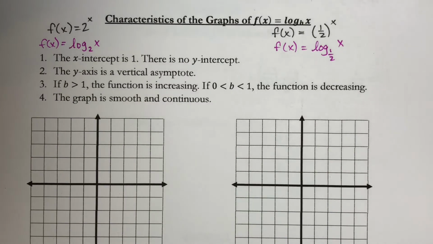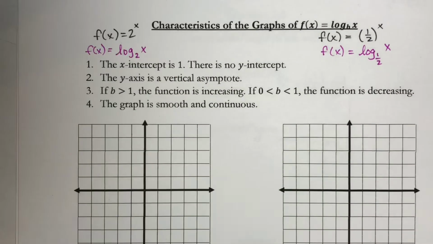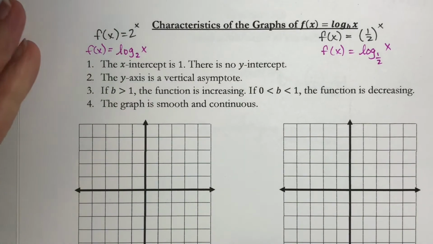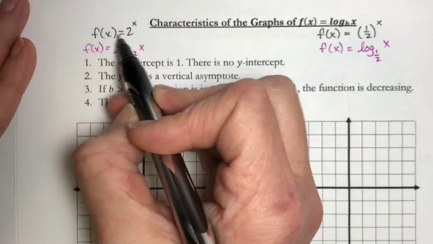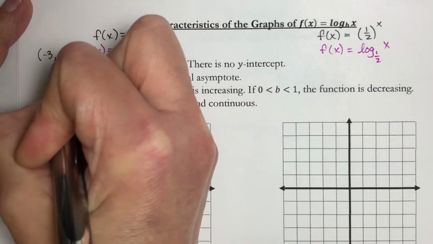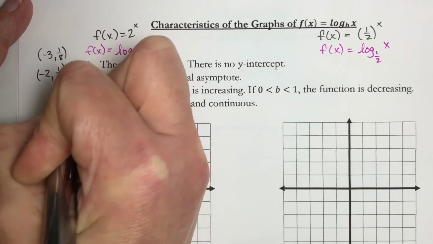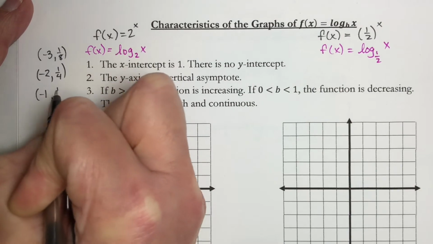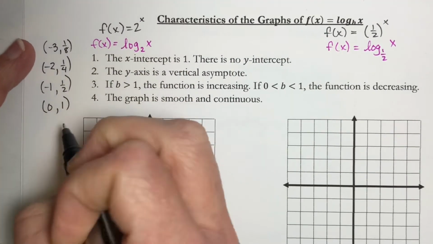Now, one thing we do know, and I've told you a couple of times, is that these two things are inverses. So if you go back and look at what we did in section 4.1, we did a t-chart for this, and our values were -3 and 1/8, -2 was 1/4, -1 was 1/2, and I'm just directly pulling these from the previous section.